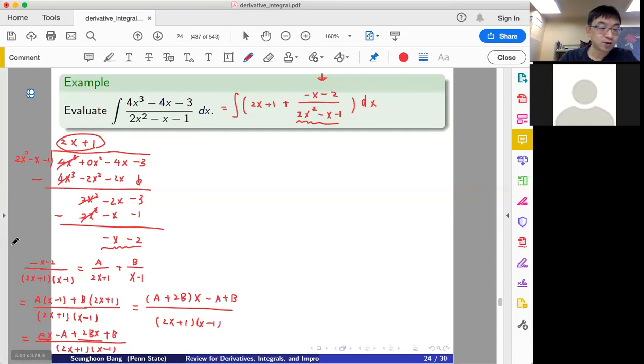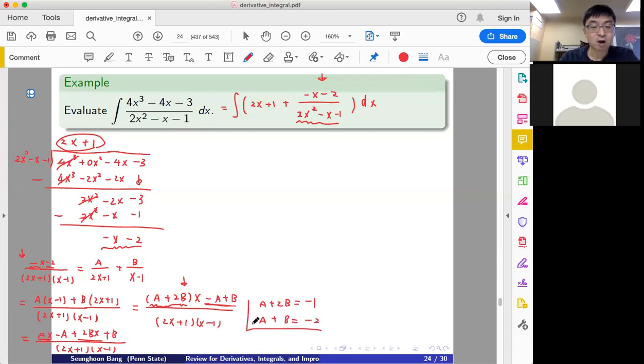You can compare this original one with your resulting form. The coefficient of x is a plus 2b, exactly the same as minus 1. So we have one equation, a plus 2b equals minus 1. The constant, negative a plus b, is negative 2.